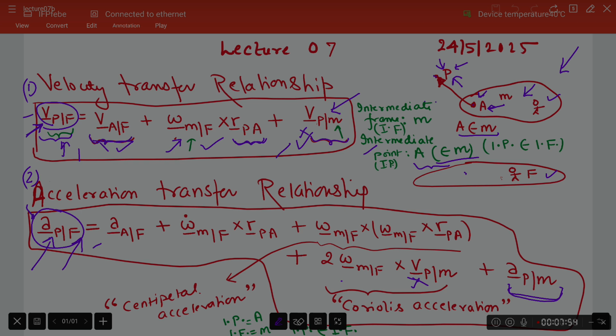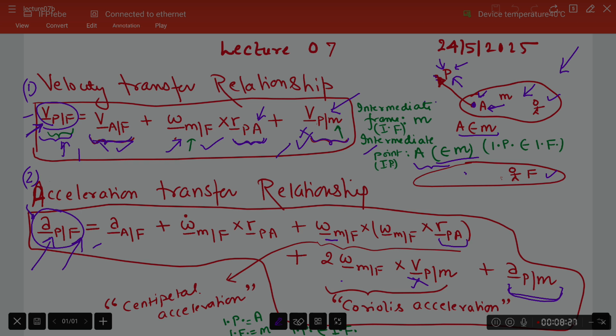The third term on the right hand side of this equation is a double cross product, and this double cross product involves the angular velocity of M with respect to F, and it also involves the position vector of P measured from A, and this A is the same point which was appearing in the velocity transfer relationship as well.